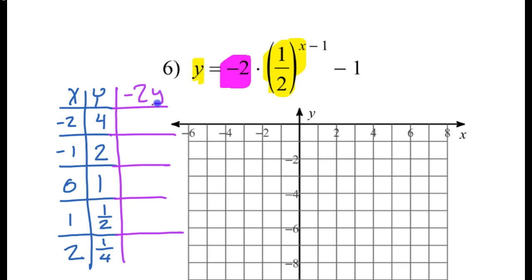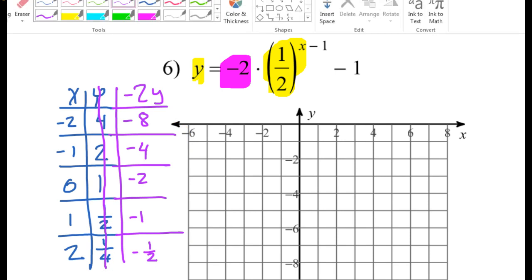Okay, -2y. So multiply all these times -2. So this will be -8 and -4 and -2 and -1 and -1/2. So these are the new y values, so we can throw out the old.